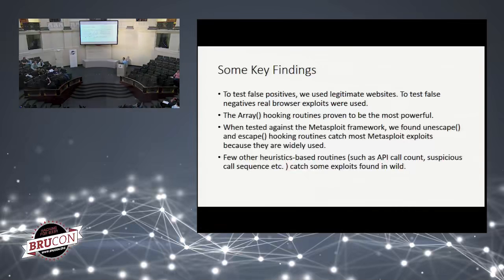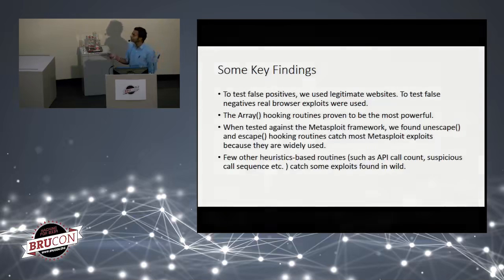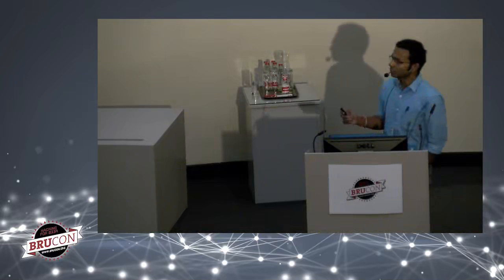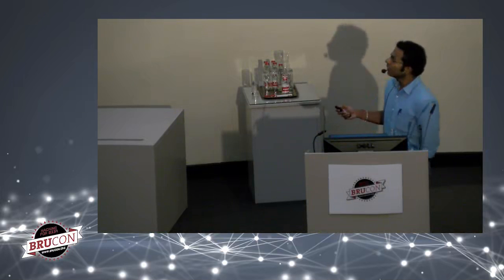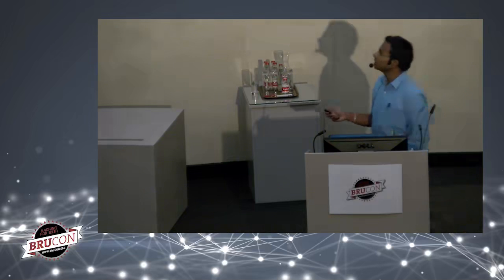This array hooking routine proved to be the most successful and the most powerful one, because we have also tested the exploit detection system against some exploits found in the real world. Browser exploits cannot be written without memory spraying, and for memory spraying, array functions, such as the unsigned integer 32-bit array, have to be called.